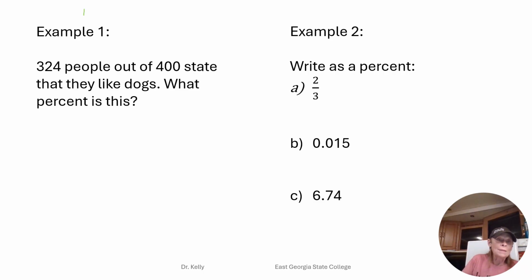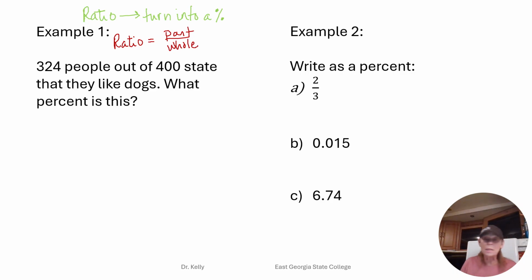What this is asking us to do is to set up a ratio and then turn it into a percentage. Ratios are, as you may remember, the part over the whole. It's not the big number over the little number, because you can have percentages that are greater than 100.